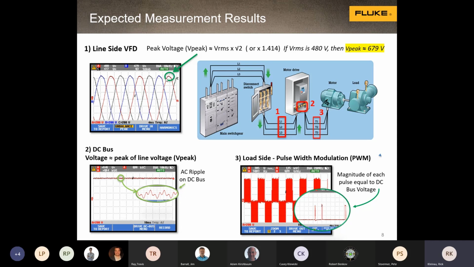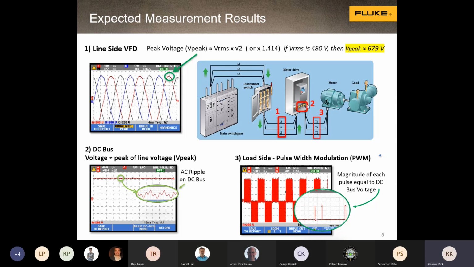But for a sine wave, you can calculate the peak voltage. It's related to the RMS voltage by the square root of 2. So if I have a 480 volt network coming into the drive, the peak voltage is around 679. The peak is important here because this becomes the level or close to the level of the DC bus.